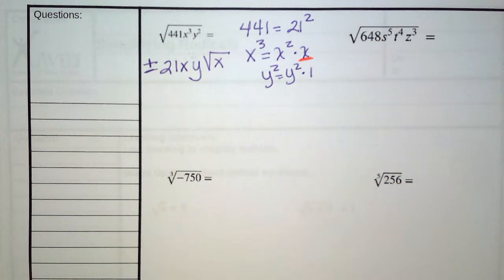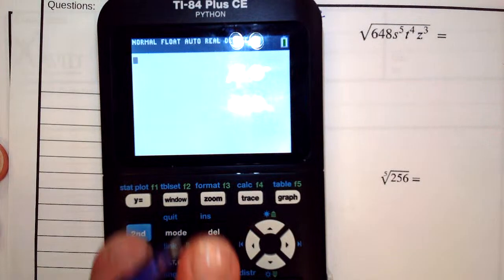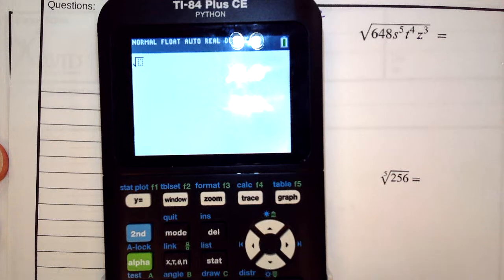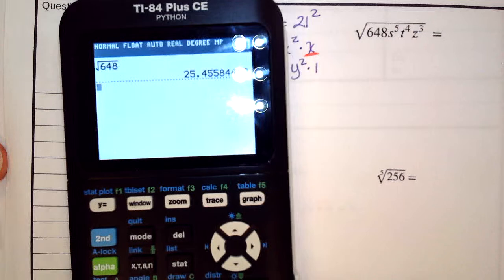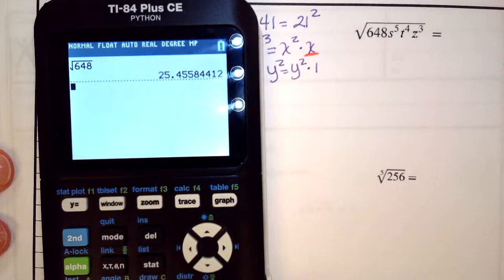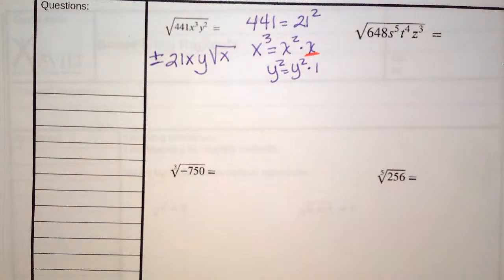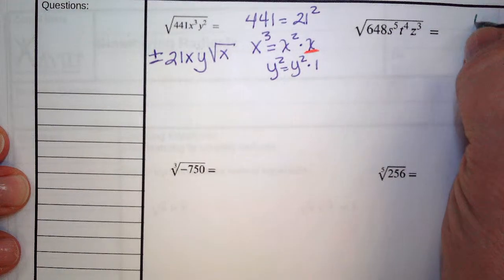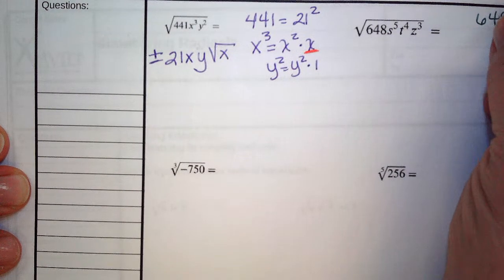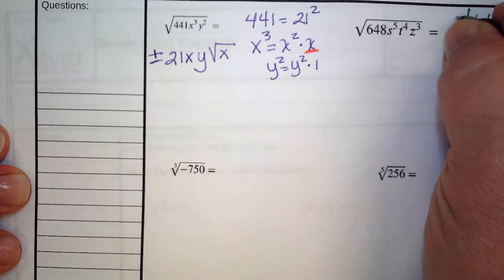Okay, what about 648? Is that a perfect square? I don't know. So square root of 648, it is not. I've got 25.45, so I've got to do that prime factorization. I divide it by 2.